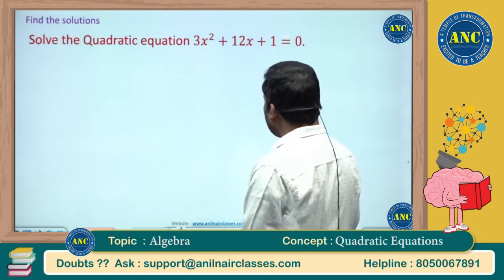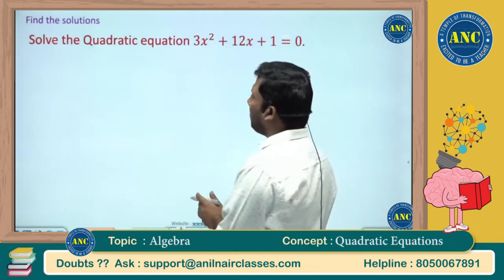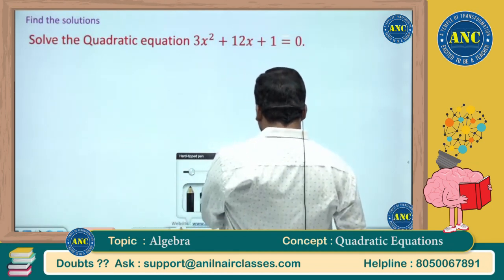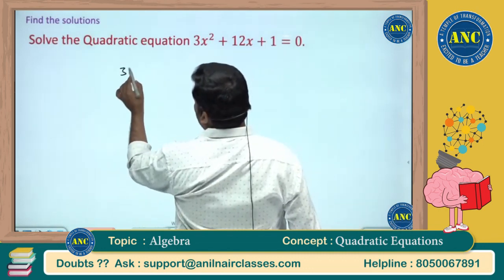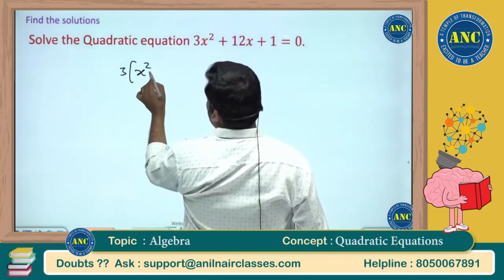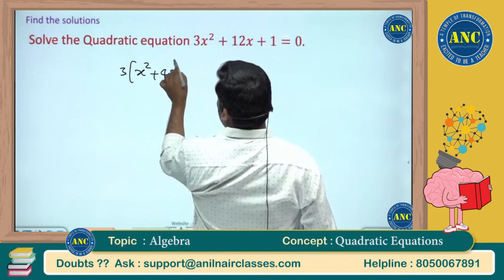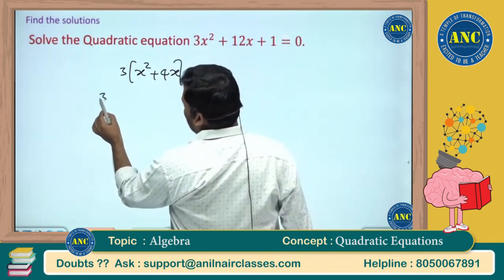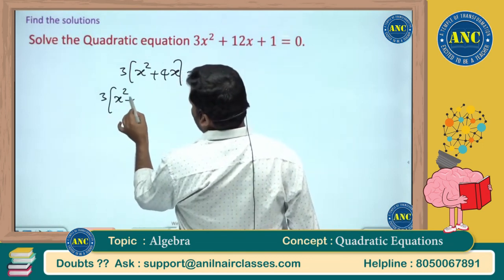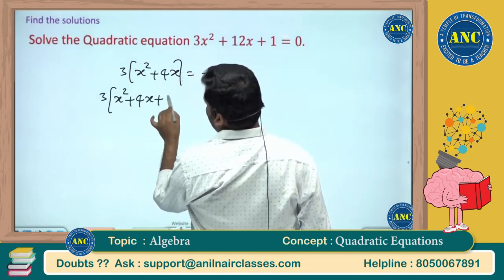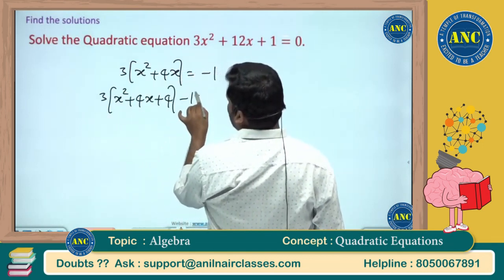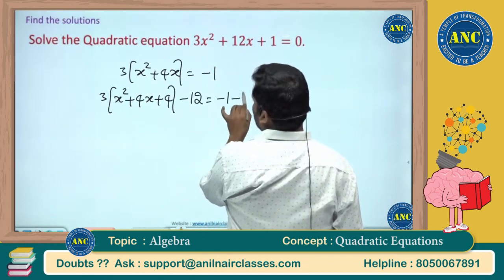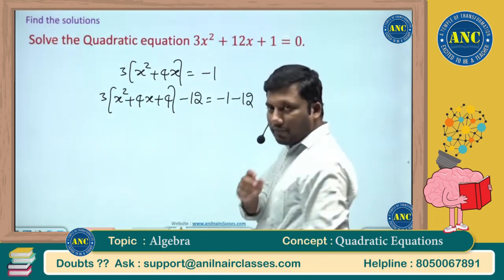Solve another example. 3x square plus 12x plus 1 equivalent to 0. So 3 into (x square plus 4x) equivalent to minus 1. This is 3 into (x square plus 4x plus 4). I am adding 12 and subtracting 12. Minus 1 minus 12.